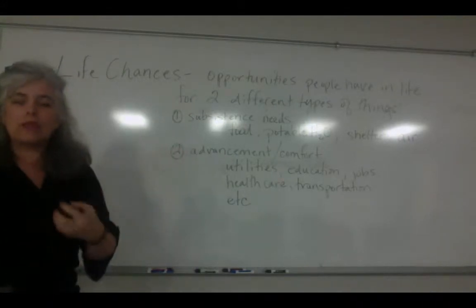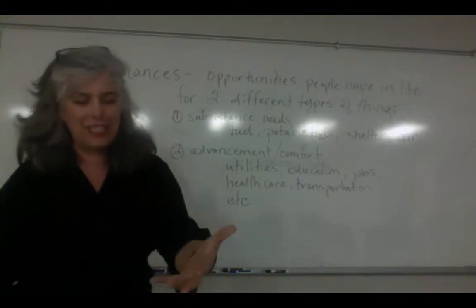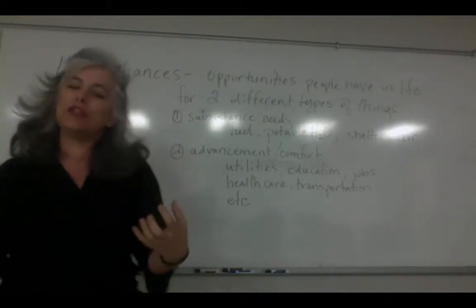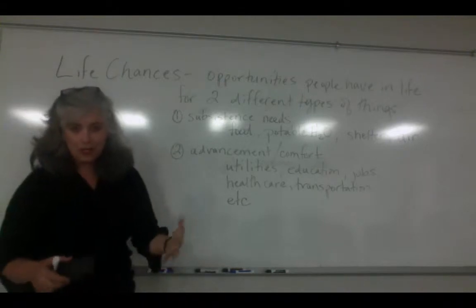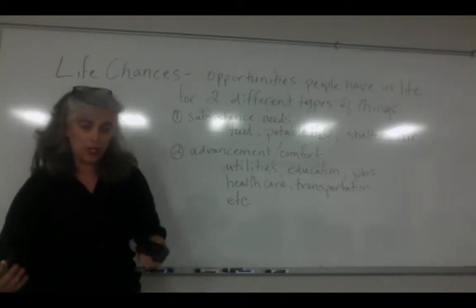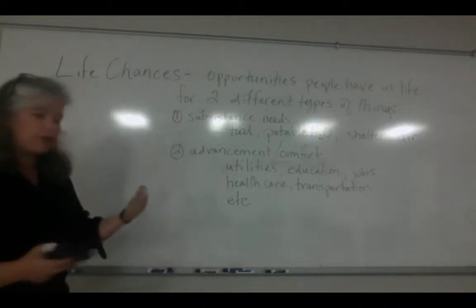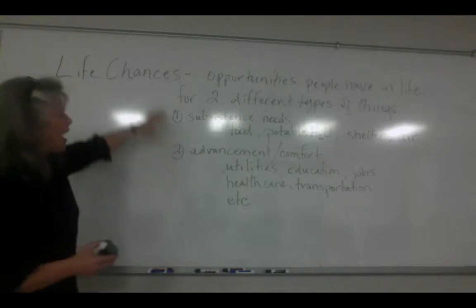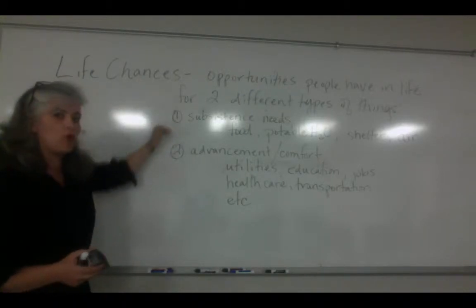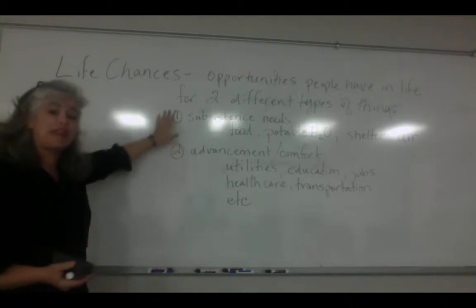And we did this because it's going to be easier, in my opinion, for you to evaluate the scenarios about the different impoverished situations you're going to look at for your project. It'll be easier for you to evaluate them if you have a more detailed or broken down definition of life chances. So that's why we've written it this way.